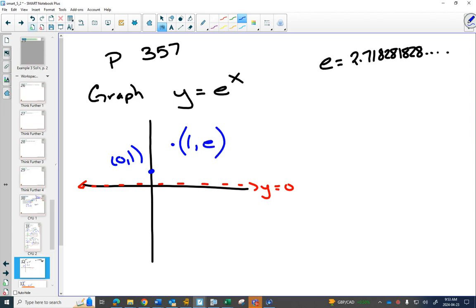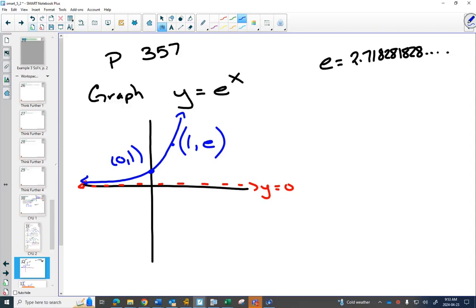Perfect. It increases just like any other one that is bigger than 1. It shouldn't be any harder to graph than normal. You could also graph y equals pi to the x. But e to the x is a super important graph for calculus.